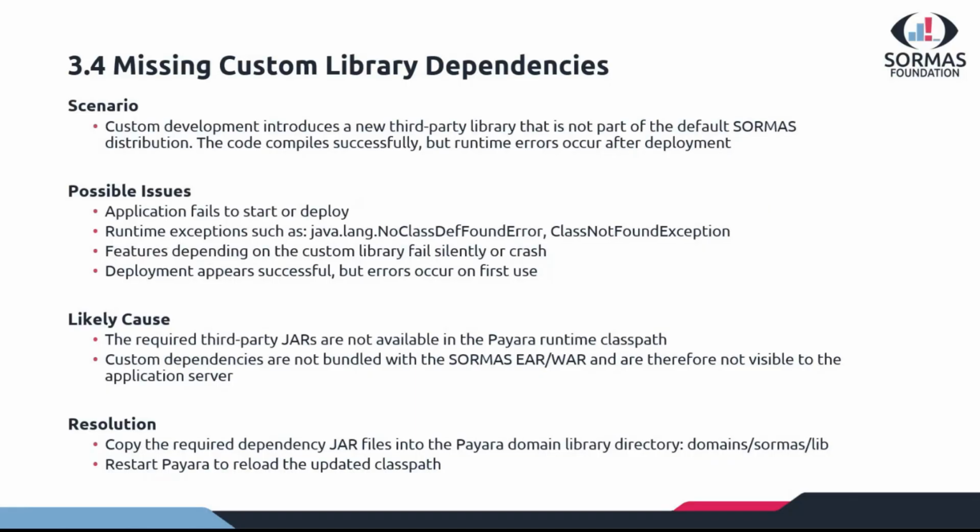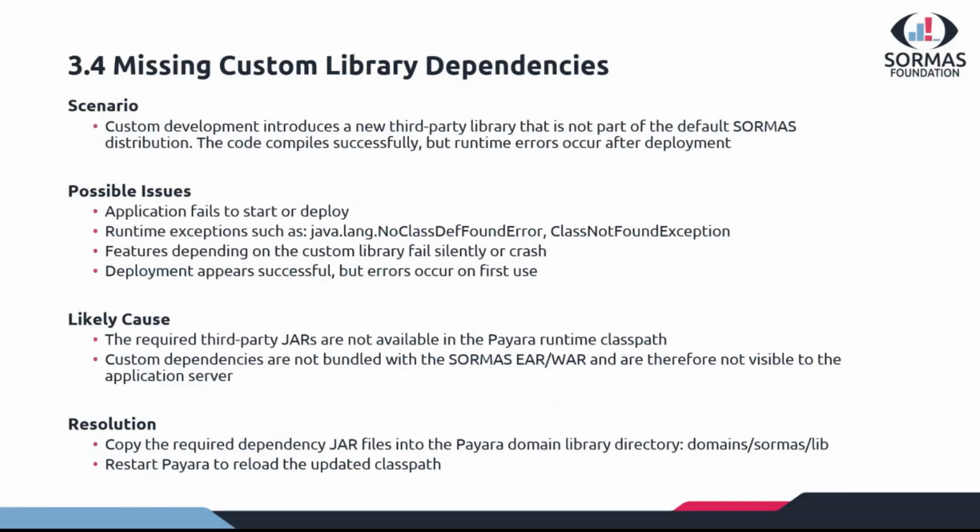When you've done that, you see that the deployment fails. You get a common issue, either the application fails to start, or you get no class definition found error, or class not found exception, or features depending on the custom library just fail silently, where deployment appears successful, but there are just errors when you try to use it.